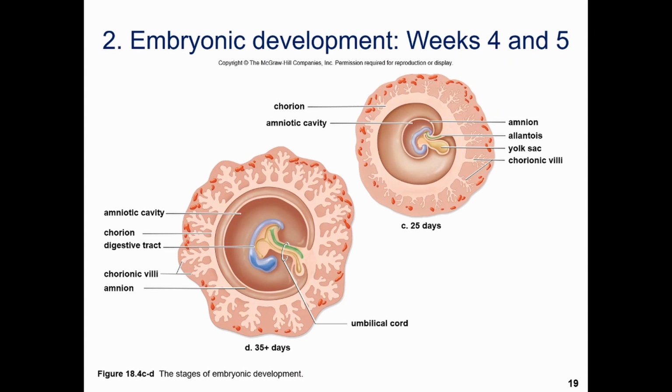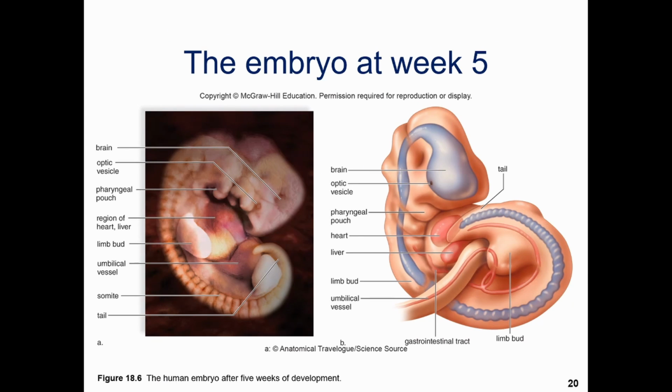So here's weeks 4 and 5. Up here on the right, we have week 4, and over here we see about week 5. If we look closer, again, we are seeing somewhat of a face, but nothing has developed far enough to look like the human face we're used to, although there are some key features we can point out.